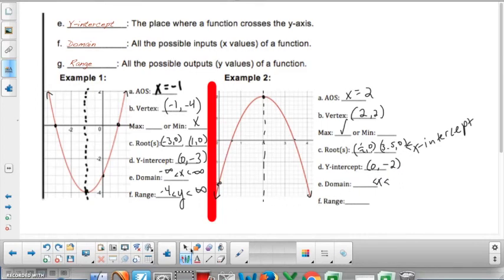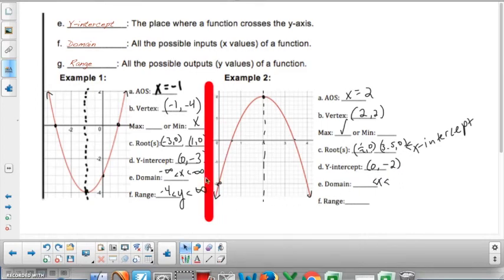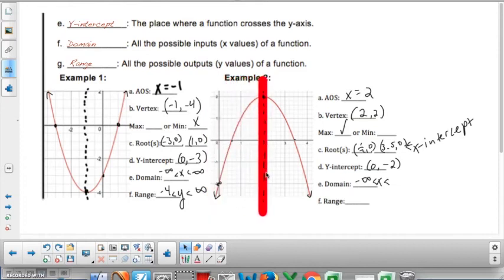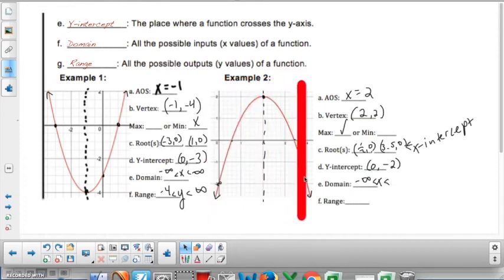Well, in this case, the smallest possible x looks like it's right there a little before 0, except there's an arrow, so the smallest possible is negative infinity. And then I'm going to keep going over till I get to the very end. And the highest possible looks like it's a little bit after 4, except again, I have an arrow, which means positive infinity.